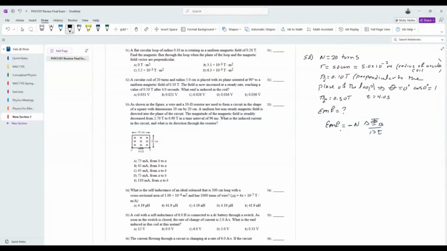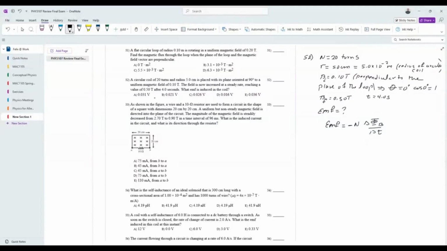That is the reason for the induction. So if there was an increase in the intensity of the field from 0.10 Tesla to 0.50 Tesla, there will be a magnetic field that will oppose that increase. That's the reason for the negative sign.